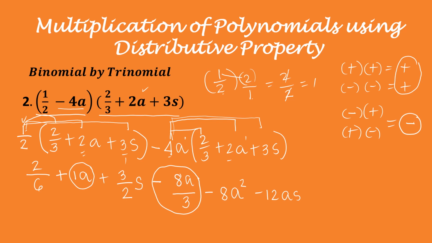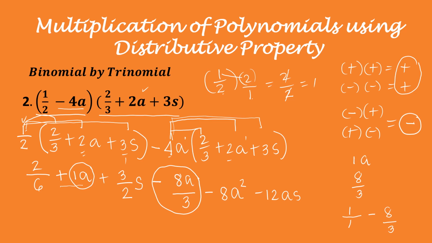So how do we combine the two? Remember that 1a and the 8 over 3. So how do we add them? Remember that 1 has an automatic 1 in the denominator. Thus remember, we are subtracting, because this is positive 1a and this is negative 8 over 3.